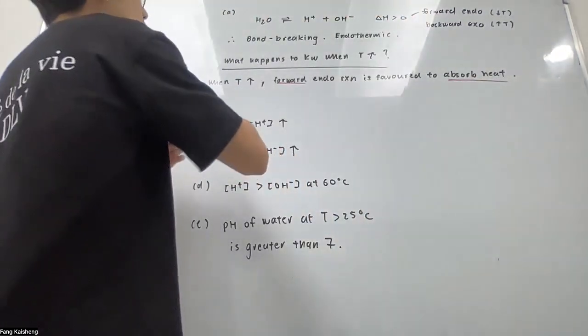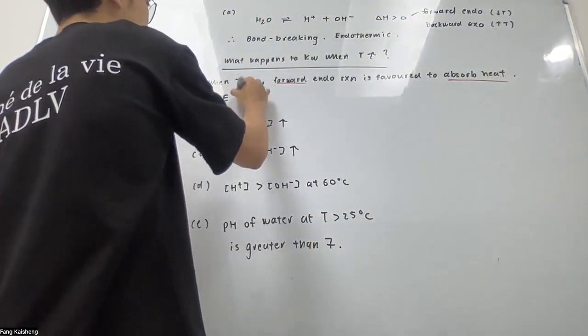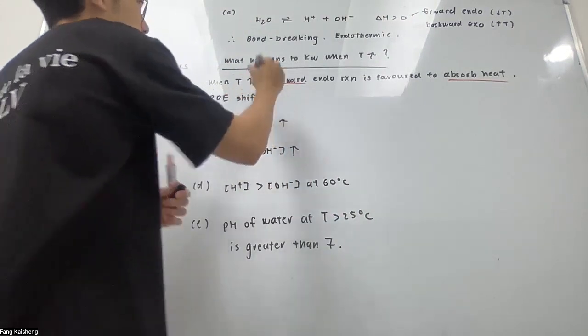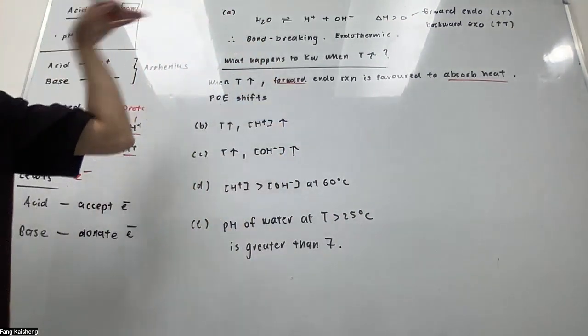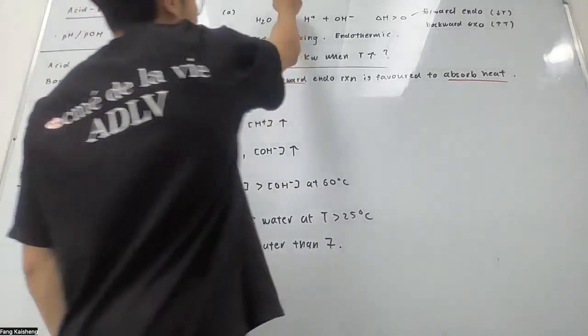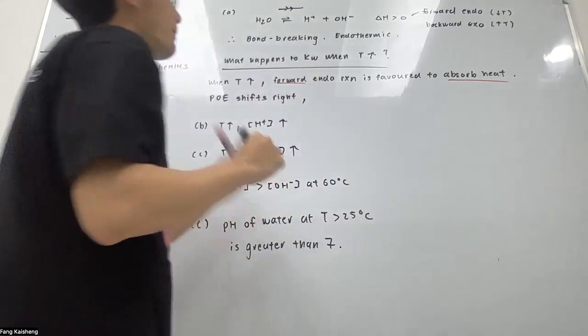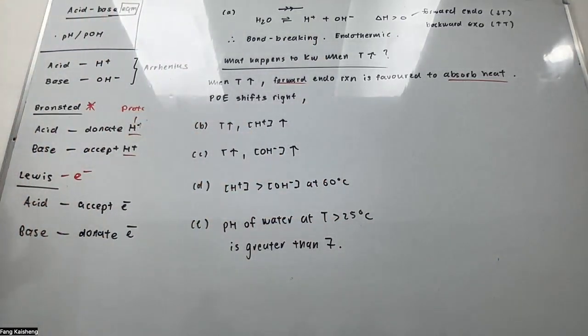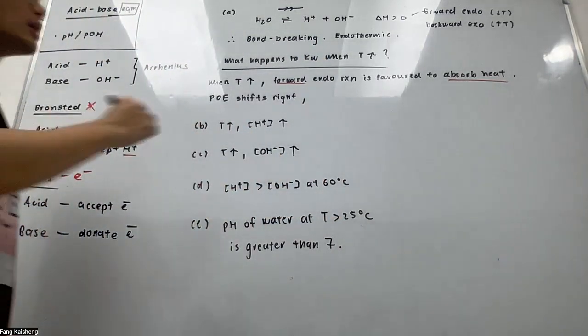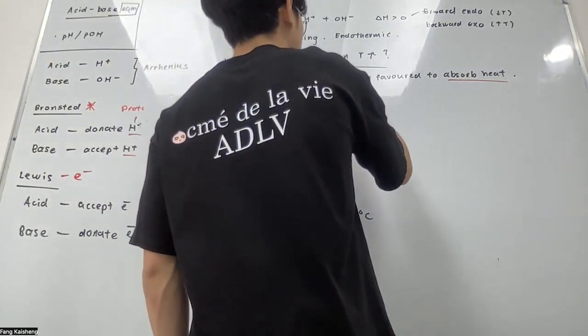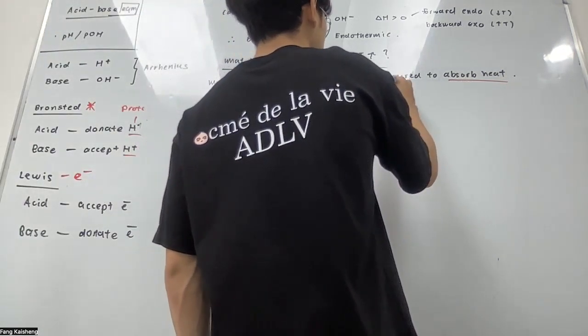So guys, where does the position of equilibrium shift towards? Forward endo is favored. So forward means shift to the right. So when the POE shifts right, what happens to your H plus and OH minus? Increase. Your concentration of H plus and OH minus increases.